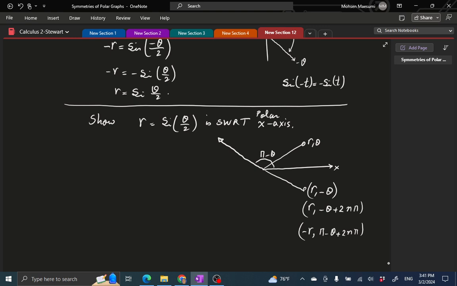So to summarize, to check for symmetry with respect to x-axis, if your original point is r and theta, the point on the other side is one of these, either r, minus theta plus 2n pi, or minus r, minus theta and then an odd multiple of pi, minus theta plus (2n plus 1) pi.